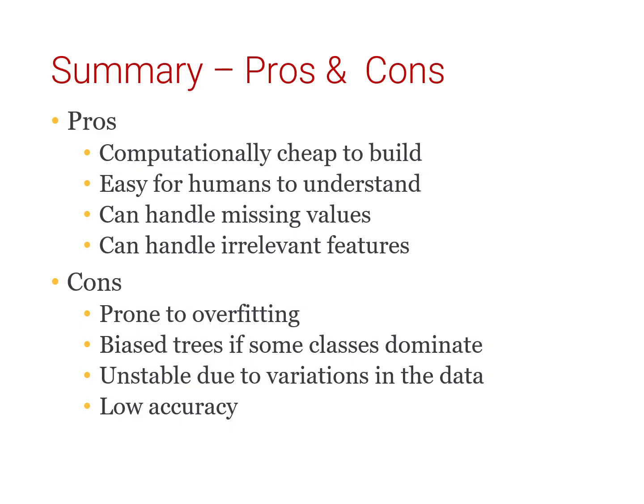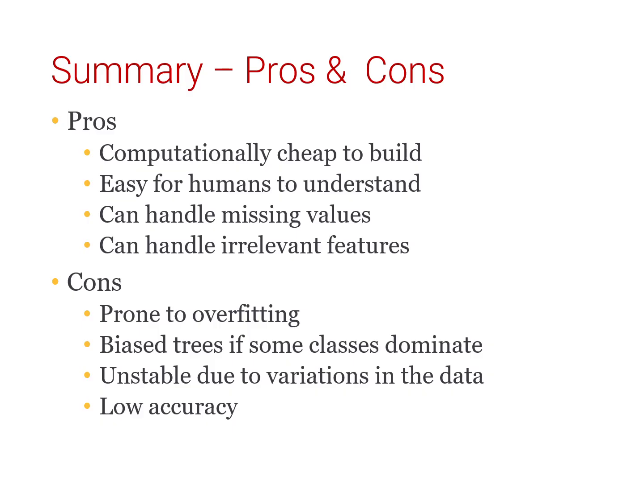By selecting only the most informative features at each split, decision trees can focus on the key attributes that contribute to the target variable, disregarding the noise. Cons. Despite their numerous advantages, decision trees also have several limitations that should be considered.